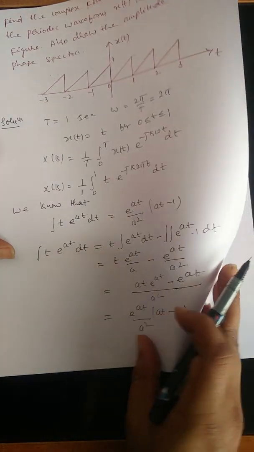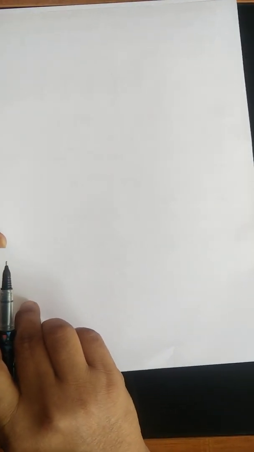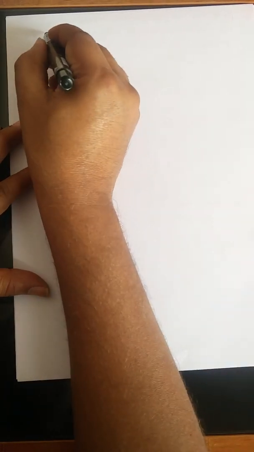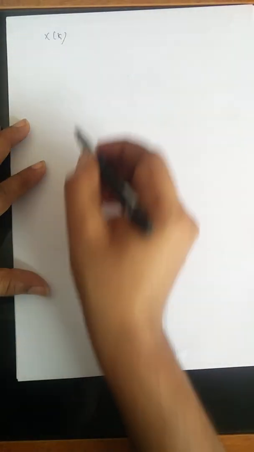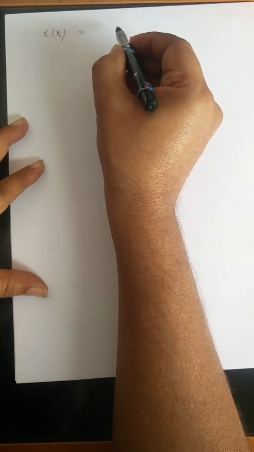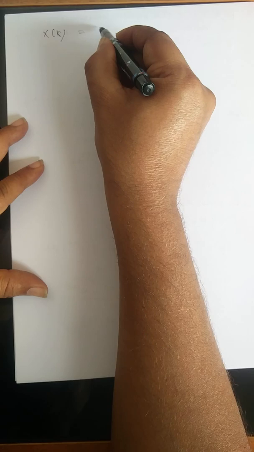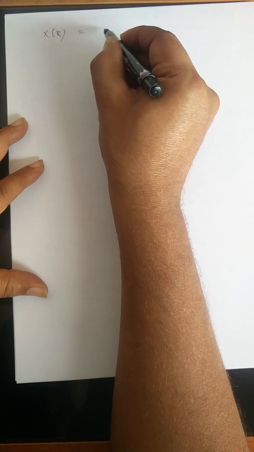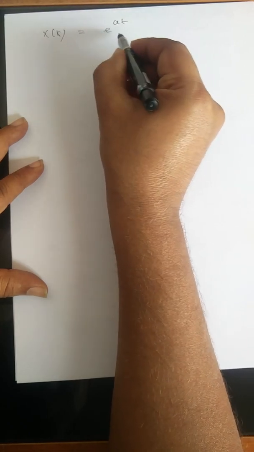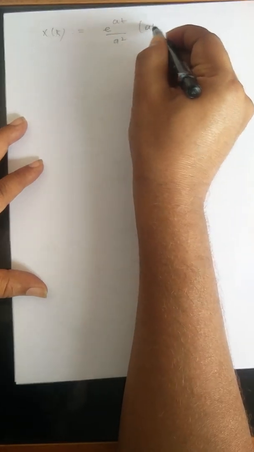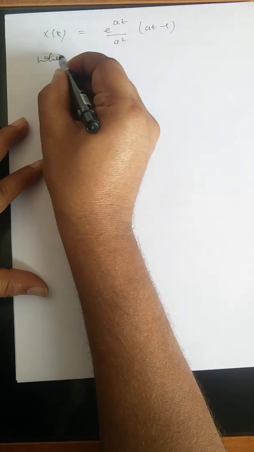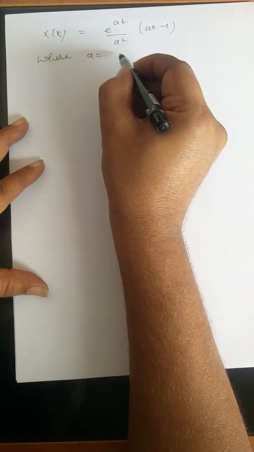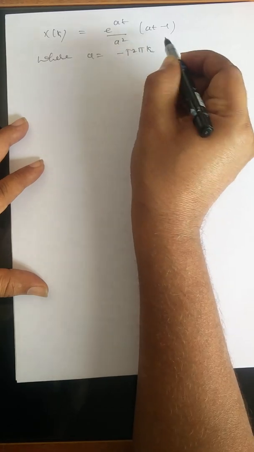Hence we can write X of k as e to the power of at by a square into (at minus 1), where a is equal to minus j 2 pi k.